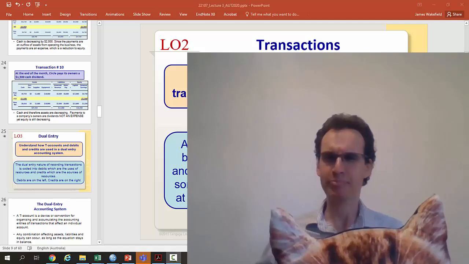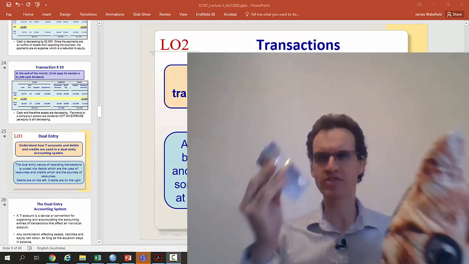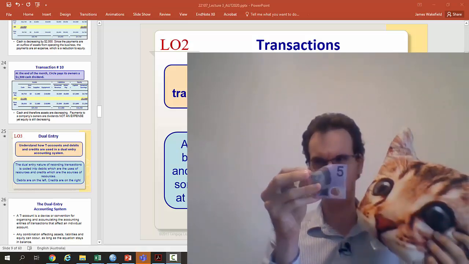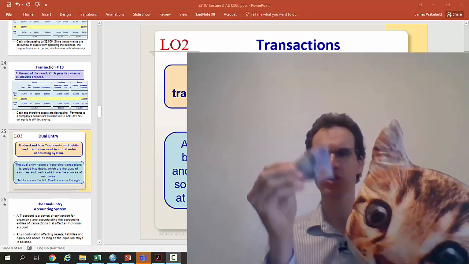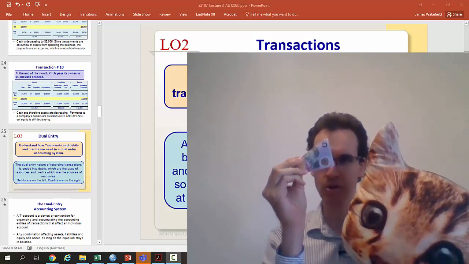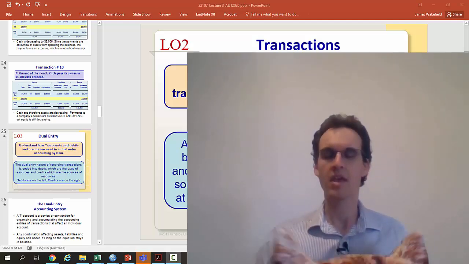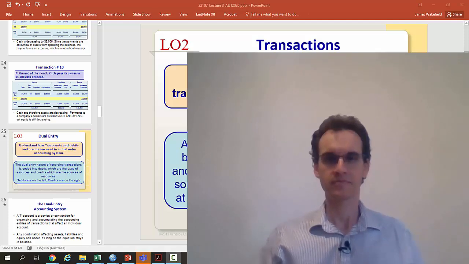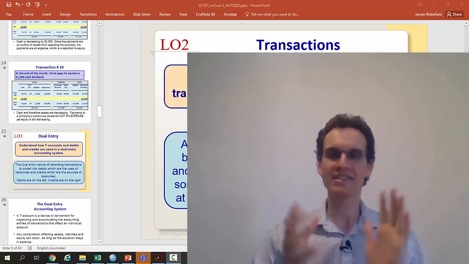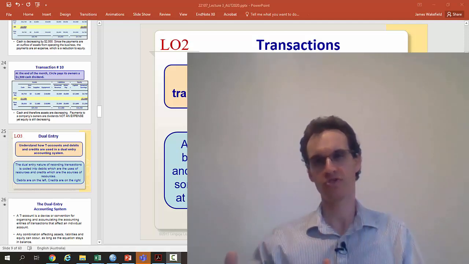Anyway, so this is the use of the source, which was the cash I paid for the cat head. So I paid $5 for the cat head. That was what I used up. So every single transaction has a source and it always has a use.